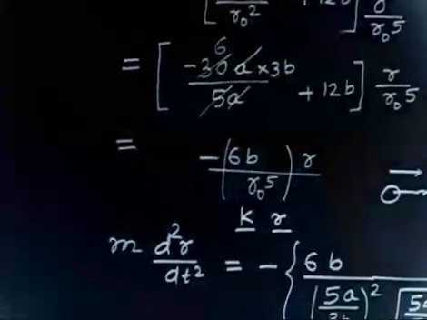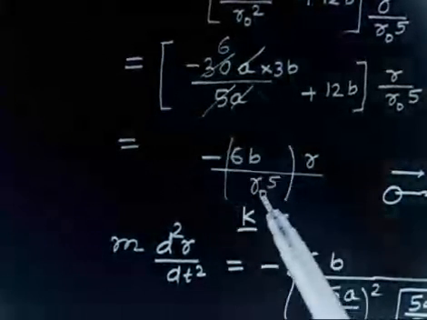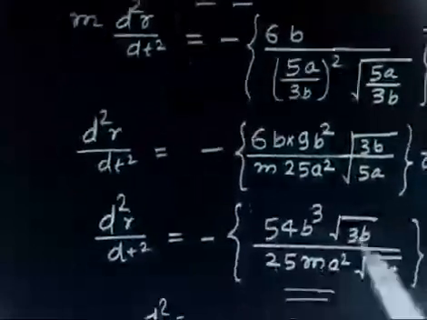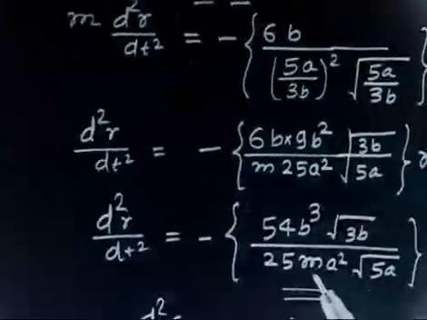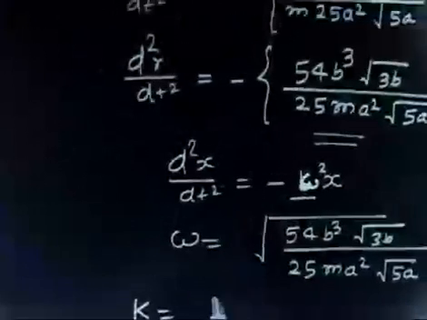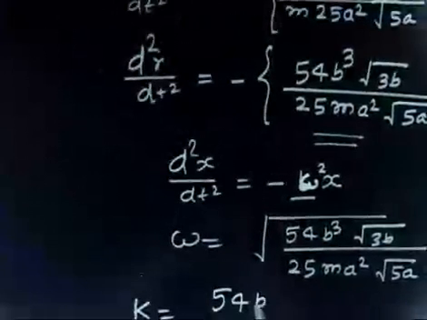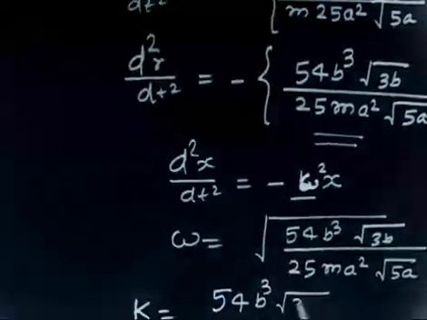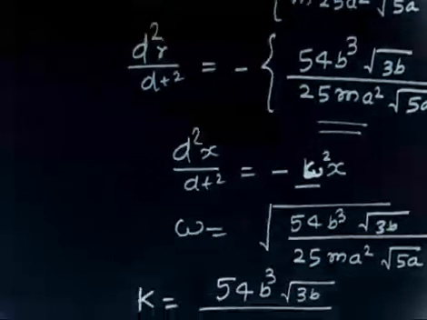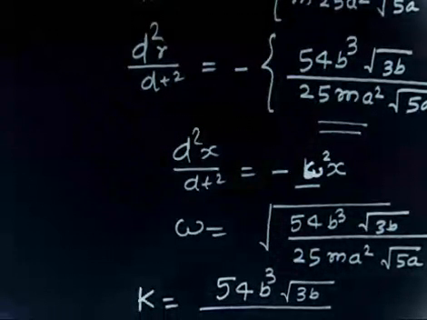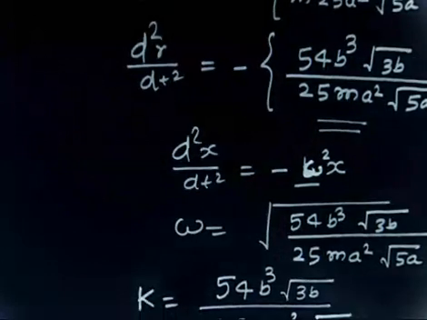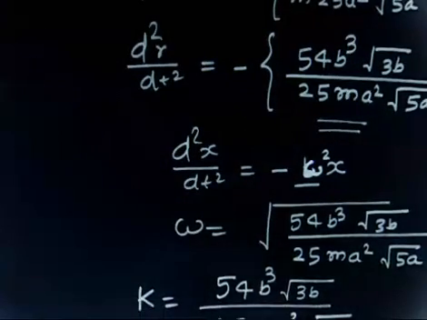So this is K, and I have to plug in the value of r naught. If I plug in the value of r naught, I get this one, and there is an extra mass term. So the force constant in this case will be 54b cube under root 3b, divided by 25 m a square under root 5a. Are you getting or not?